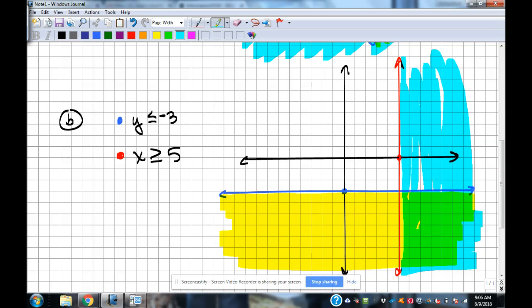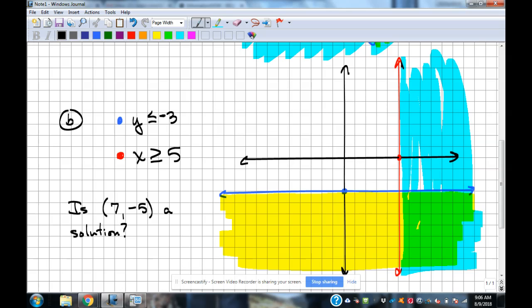My question to you for this one, just extending a little bit: is the ordered pair 7, -5 a solution? Why? It's in the shaded area. 7 will be over here, -5 down right there.